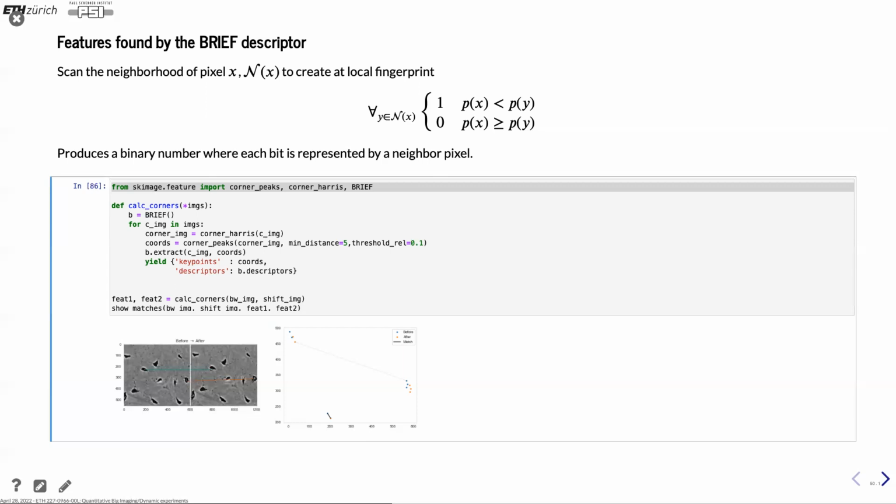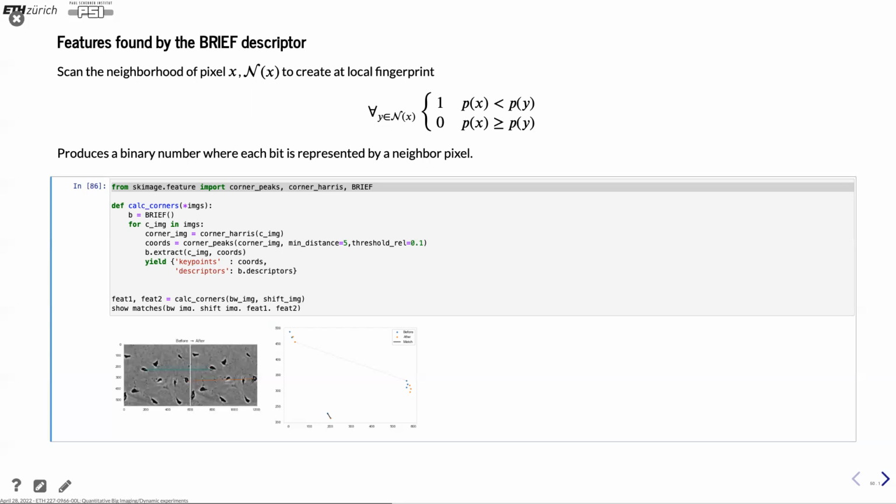Here is a small code to actually identify these corners. In this function, first we create a BRIEF instance, the unit that will compute the BRIEF corner descriptors afterwards. Then we go into the images. We have 2 images, one original and one displaced.